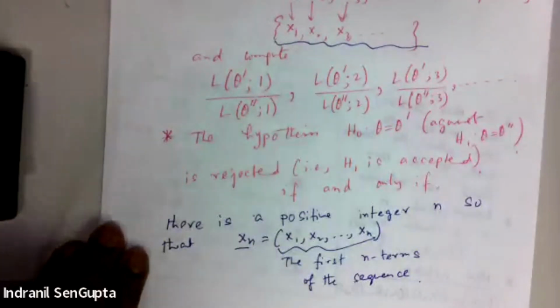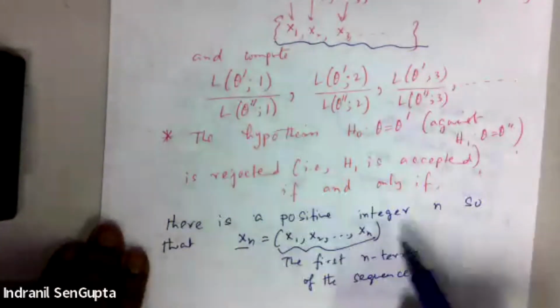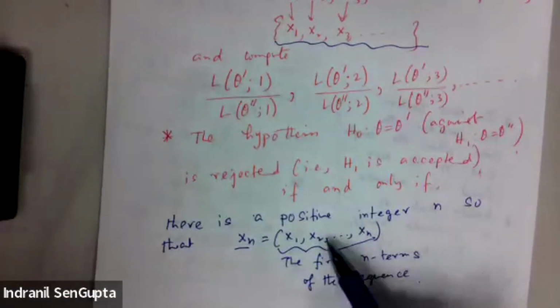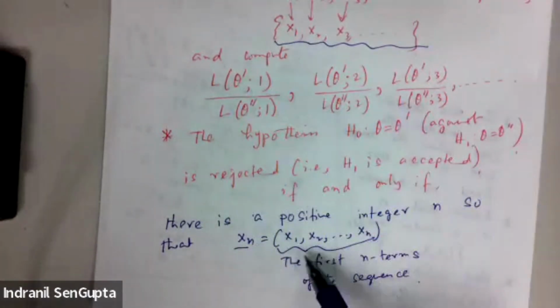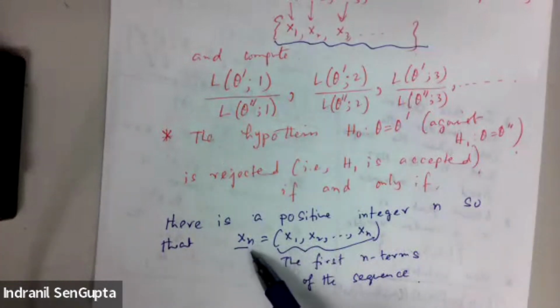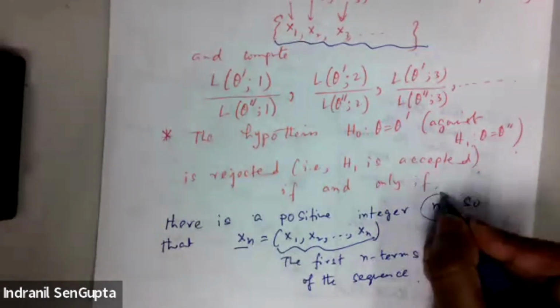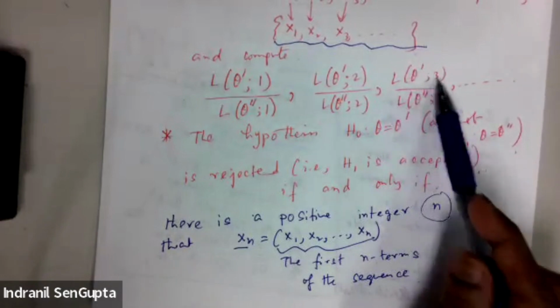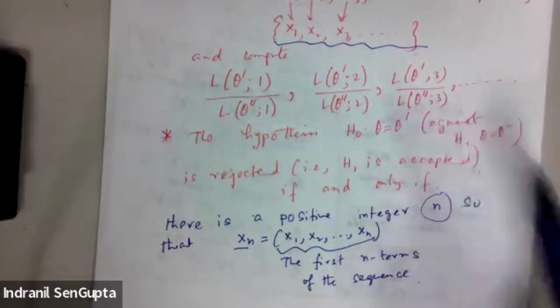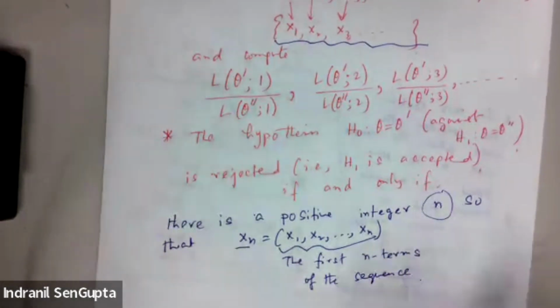This is observable, right? So correspondingly, I can compute all these quotients. For example, if this big N is given, then I can compute L of theta prime comma n over L of theta double prime comma n, right?